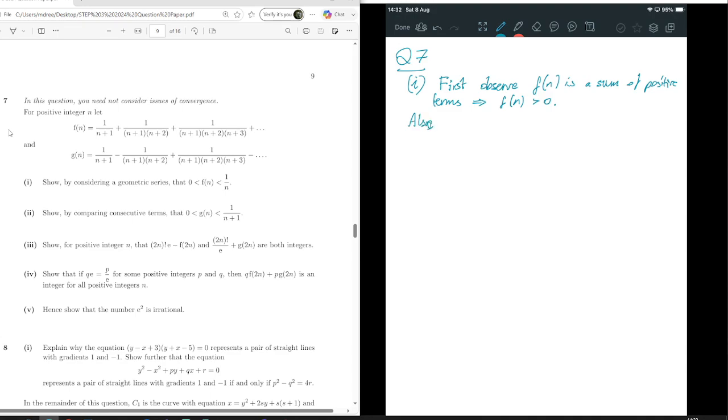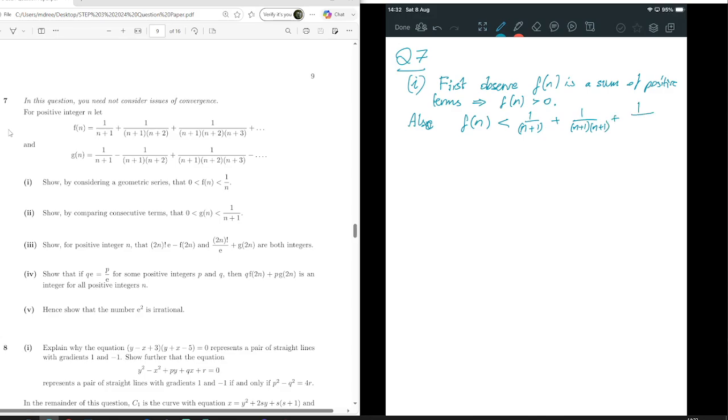Let's compare Fn with a geometric series. So Fn, we can say, is going to be less than, well, the first term I'm going to leave alone, but the next term I can make slightly bigger by making the denominator smaller. So the second term I'm going to have an n plus 1 in the denominator.